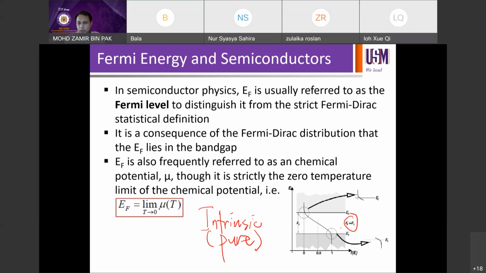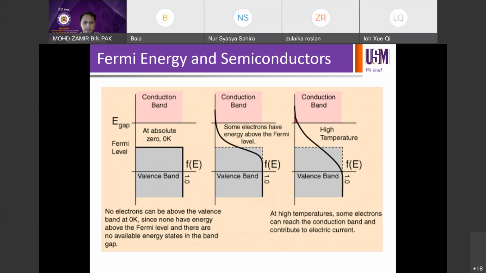You can also equate EF with Ei, or E intrinsic. EG is the forbidden gap, and you label EV and EC for the band edges of the valence band and conduction band. EF is also referred to as chemical potential, so you'll probably see this in some sources as well.